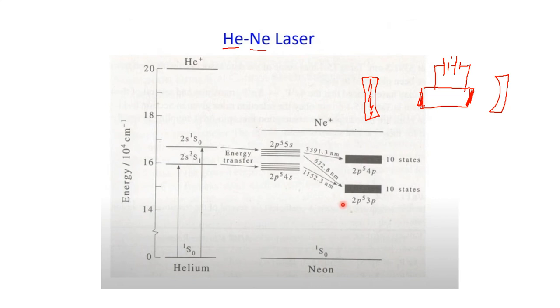So initially they provide a high energy source. Because of this high energy, the helium and neon both get ionized.